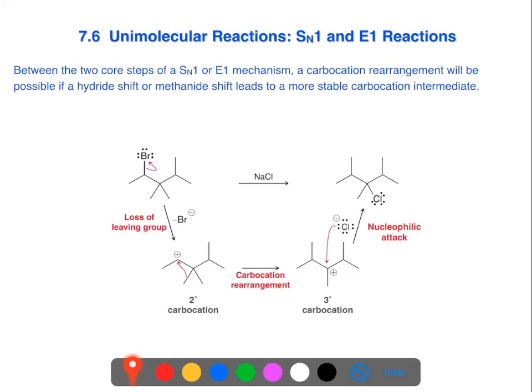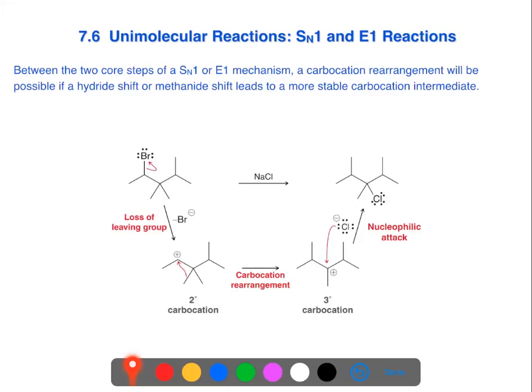So once the carbocation is formed, then we'll see nucleophilic attack, in this case from the chloride, and if NaCl is added in significant amounts, it will be present in solution in a higher concentration than the bromide, the leaving group.